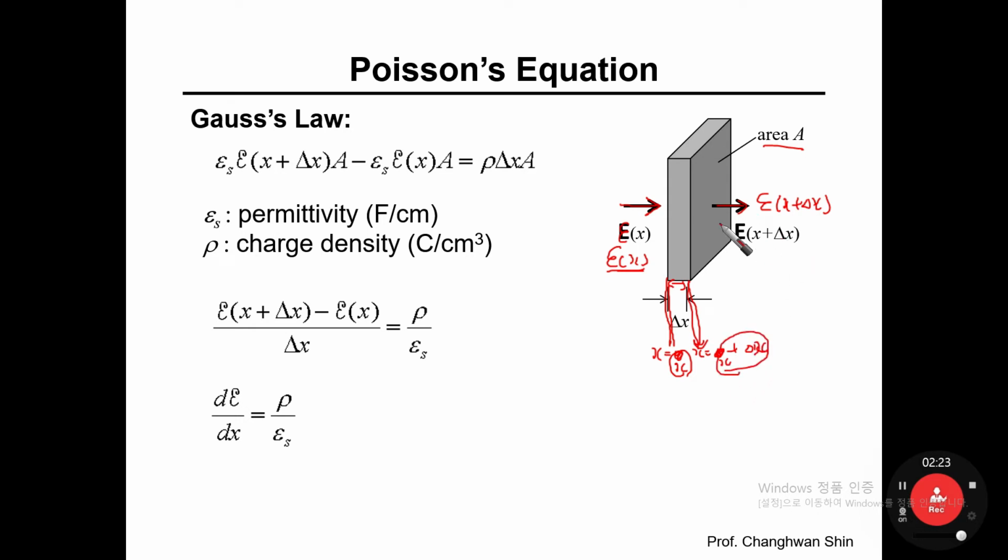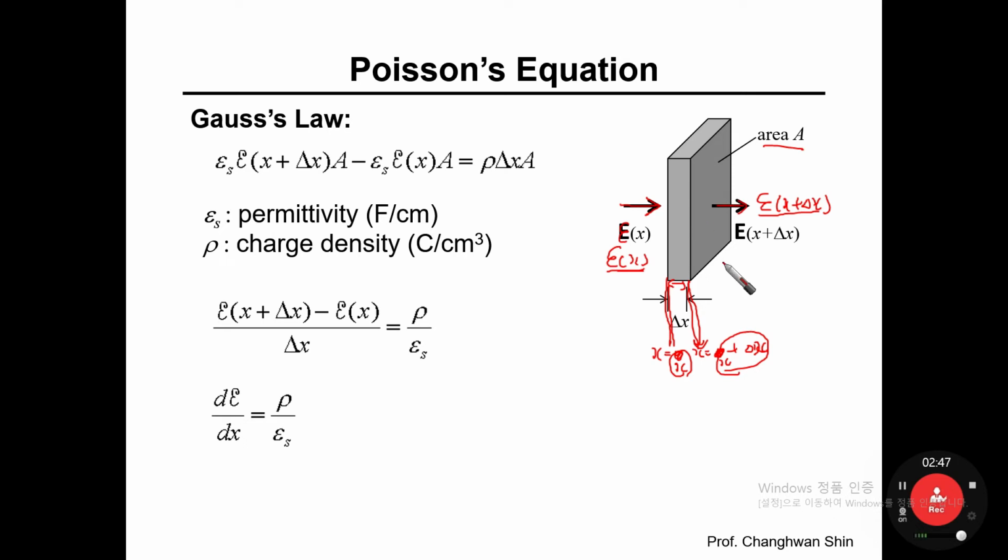So the electric field intensity at the right hand side surface is defined as electric field E of x plus delta x. So a certain variation has occurred while the electric field has been going through this infinitesimal volume.